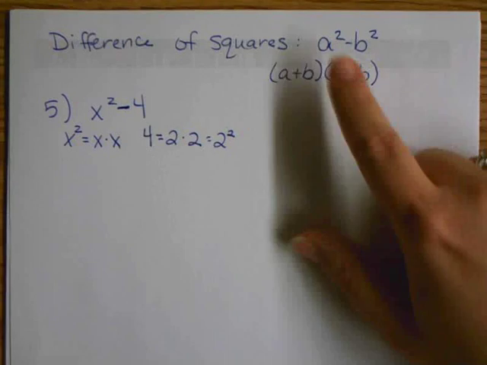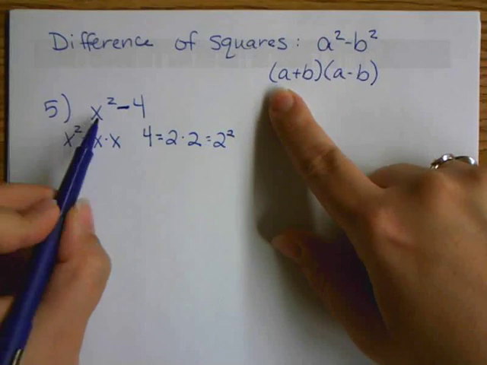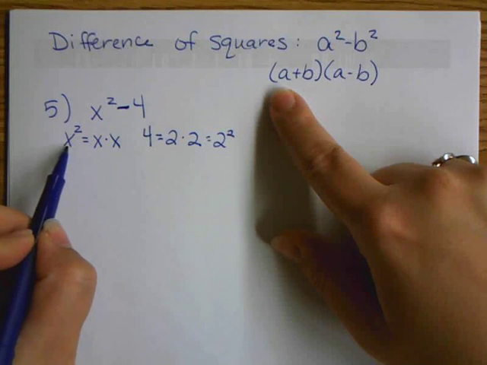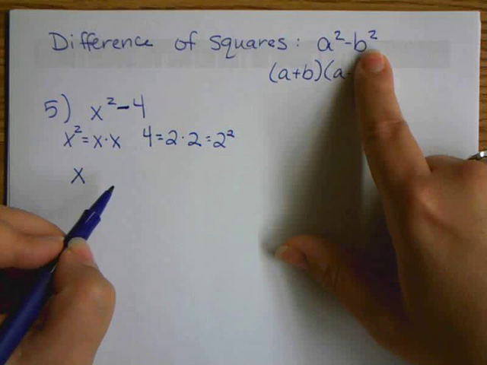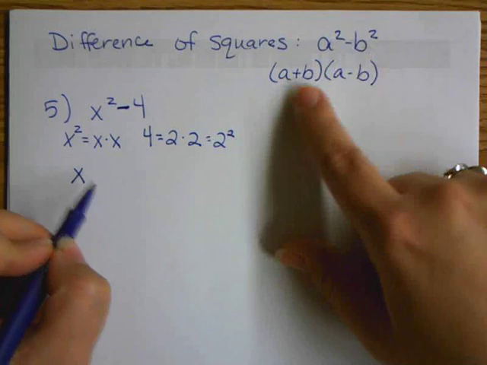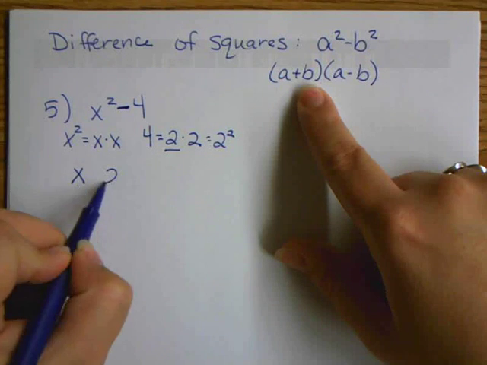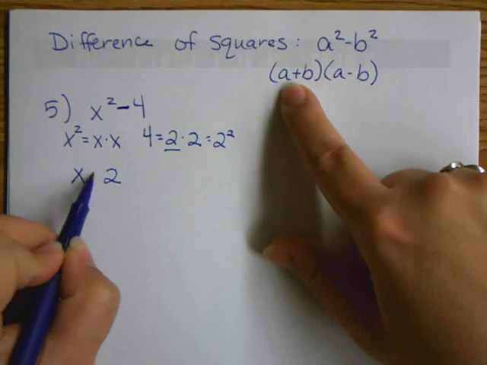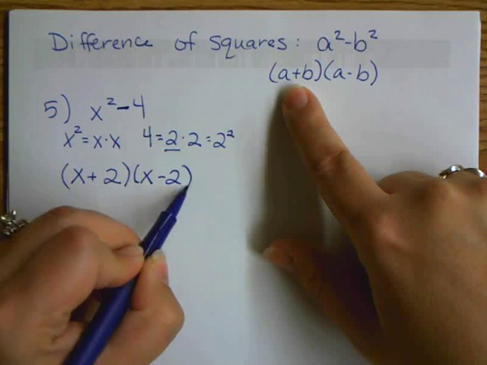So now that I know A is going to be what is squared here. Well, what is squared in x squared? X. And B squared is 4, so what's B? 2. So I have an A plus B, which is x plus 2, and an x minus 2.